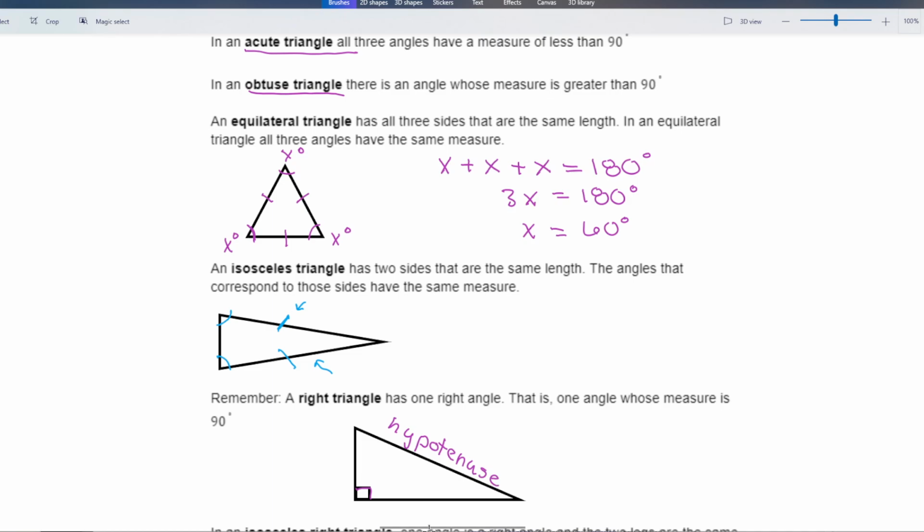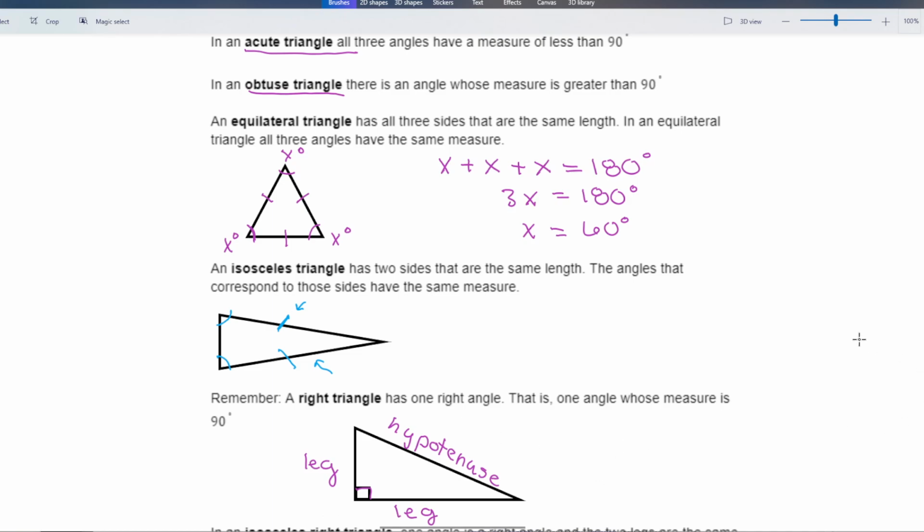The other two sides are called legs of a right triangle; this angle here corresponds to this side, and the smaller angle corresponds to this smaller side, which is the other leg. Remember that the hypotenuse is always the longest side, because that 90-degree angle is the largest angle.